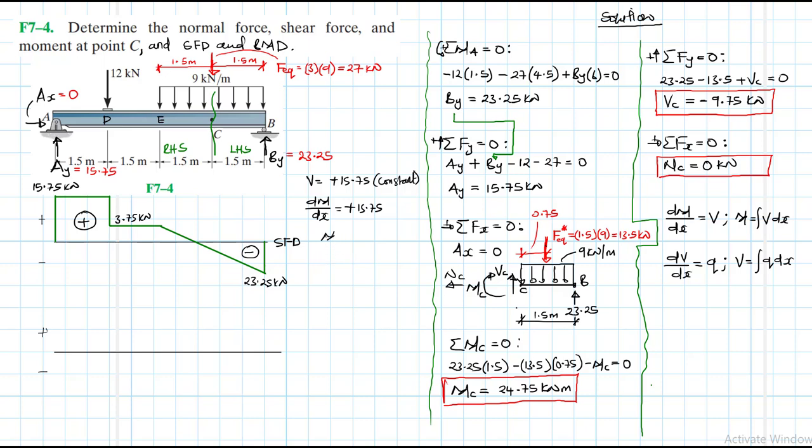And this magnitude, again, we know is just the area under the shear force diagram, and that one is just rectangular, so it is just 15.75 times the length, which is 1.5.